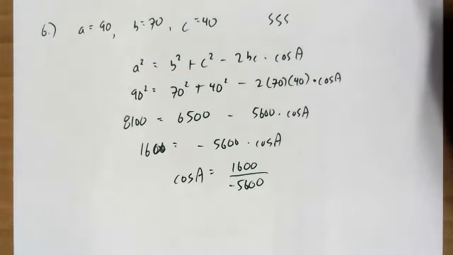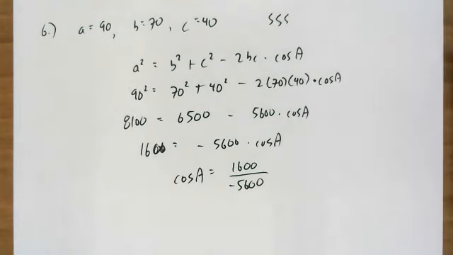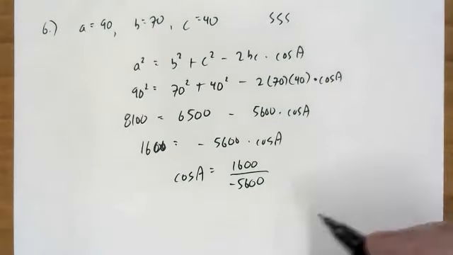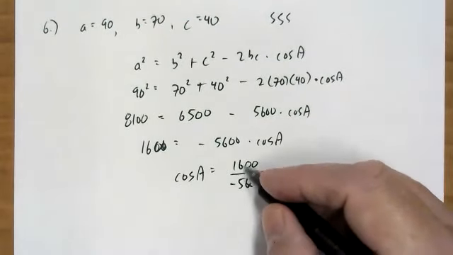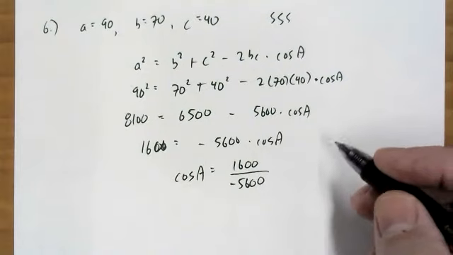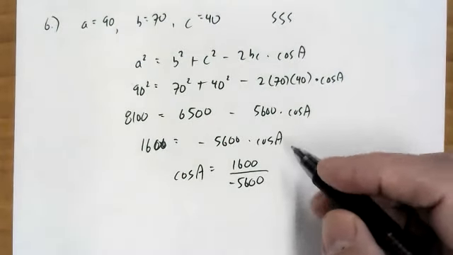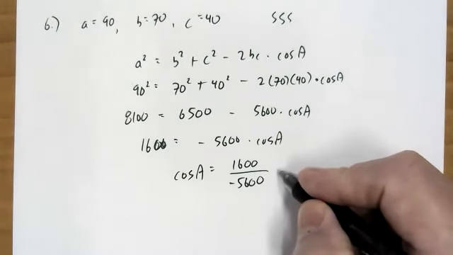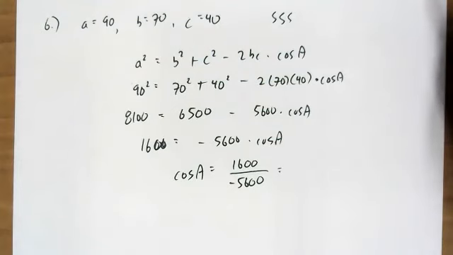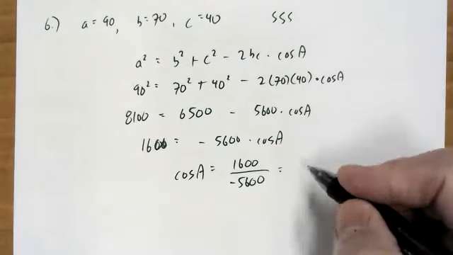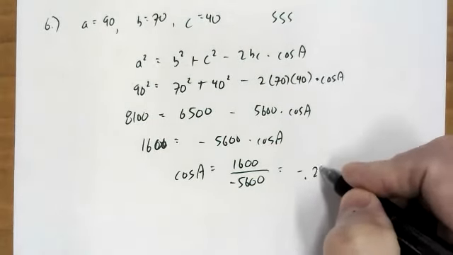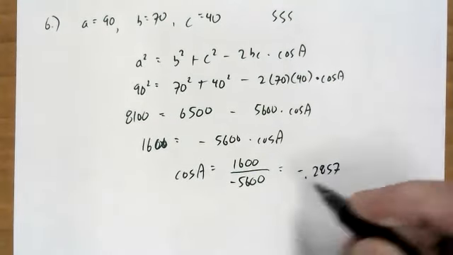This seems to be okay. Maybe my fears, I was worried about this being a negative number, but anyways, so this right here, 1,600 divided by negative 5,600 is negative 0.2857.